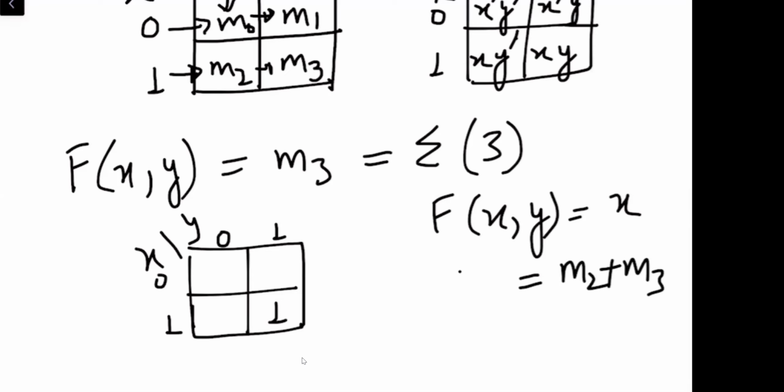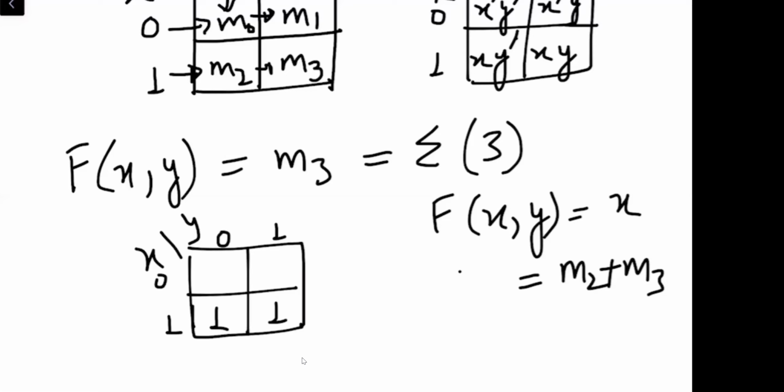There will be a one on minterm m2 and m3. So this means I can add one in the box which is representing minterm m2, right? Are you with me? Yes, sir.